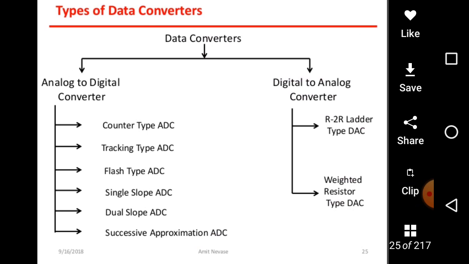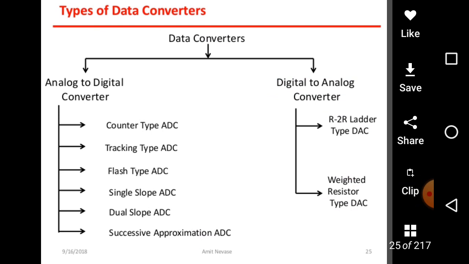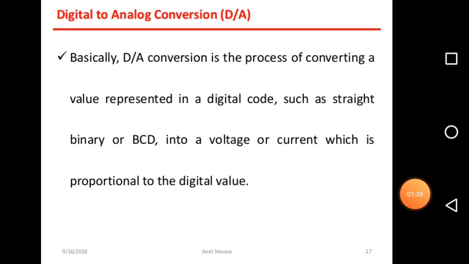In a digital to analog converter, mainly it consists of R to 2R ladder type DAC and binary weighted register type DAC. This weighted register type DAC is also called binary weighted register type DAC. Next we will see digital to analog conversion.